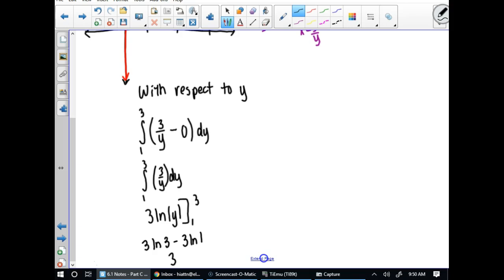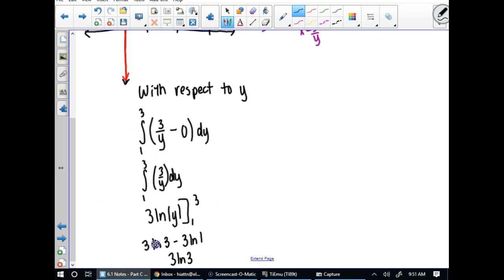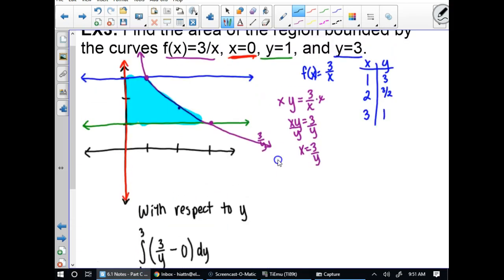So we end up with just 3 natural log of 3. Okay, so that can be done. It's a little easier to do it with respect to y if it makes sense to you when you see it. But let's go back and look at what we would do if it's with respect to x.